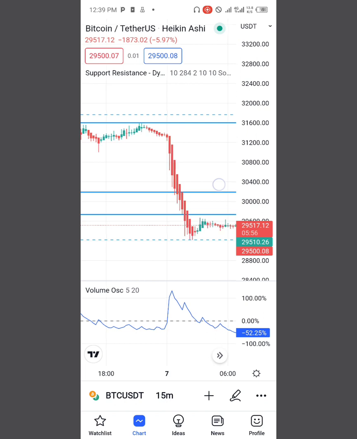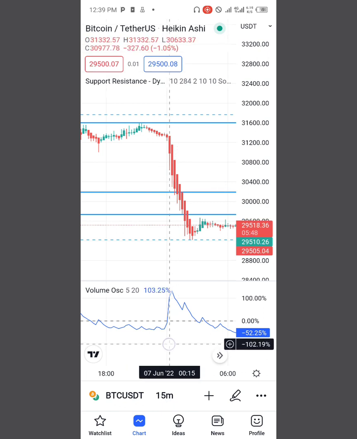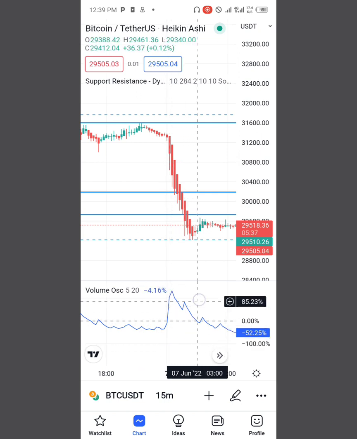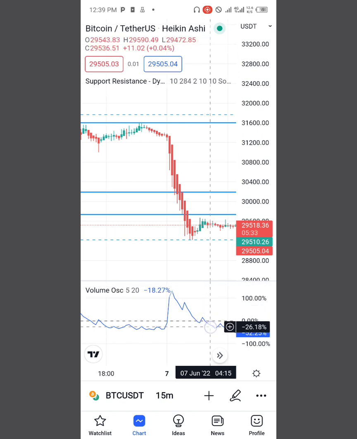You can see right here that the volume oscillator, after being plotted on this chart, is worth watching. Watch this line. You can see the point where the price of BTC started falling. This is the 15-minute chart. You can see the volume oscillator started to rise. It is rising because the volume is high.